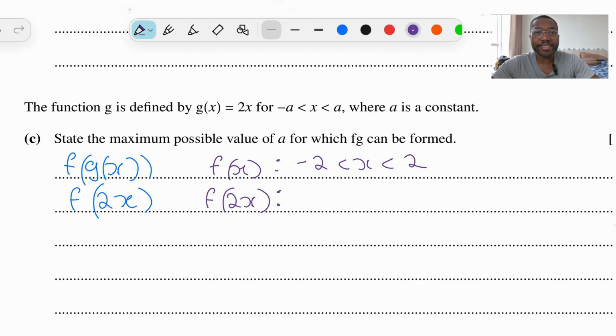That's a scale factor of a half in the x direction. Therefore, we need to multiply everything by a half. So if we half all our values, we get minus 1 less than x less than 1. So for f of 2x, the domain is now between minus 1 and 1. They want the maximum possible value for a, for which fg is formed. Well, it's between minus 1 and 1. 1 is the biggest value we can get. Therefore, a is just 1.